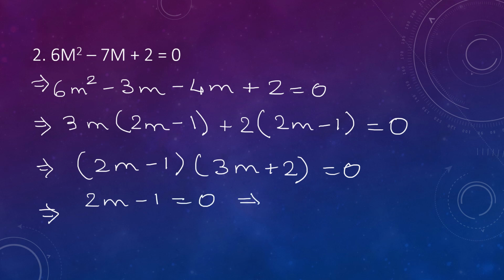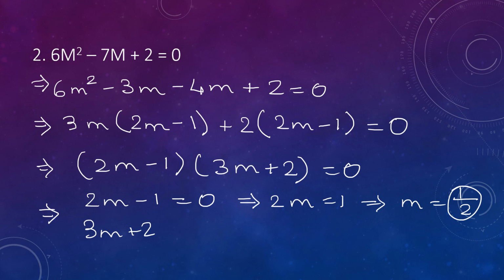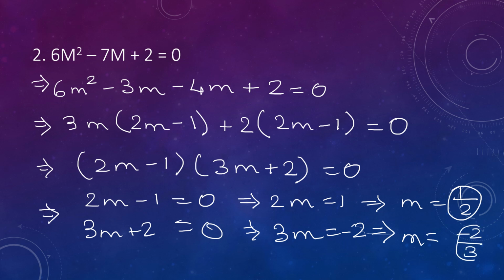So on simplifying that, we get 2m is equal to 1, which implies that m is equal to 1 by 2, our first answer. And now we have 3m plus 2 equals 0, which implies that 3m is equal to minus 2, which implies that m is equal to minus 2 by 3, our second answer.